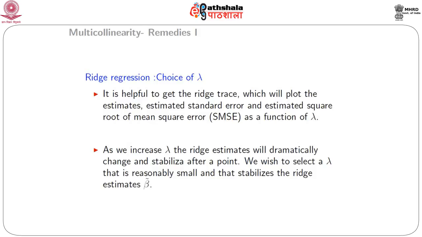In this module, we have mostly learned about the very important technique of removing multicollinearity from a data set, namely the ridge regression technique. This is a technique where we compromise the unbiasedness of the estimates of our parameters, and in turn we get a biased estimate of the parameter which has a smaller variance.